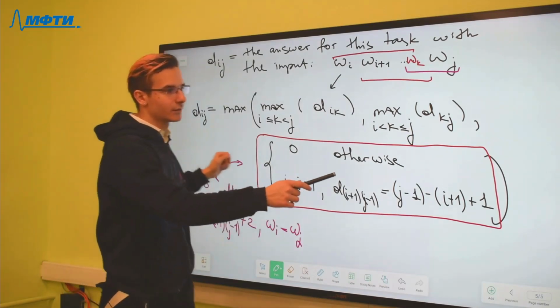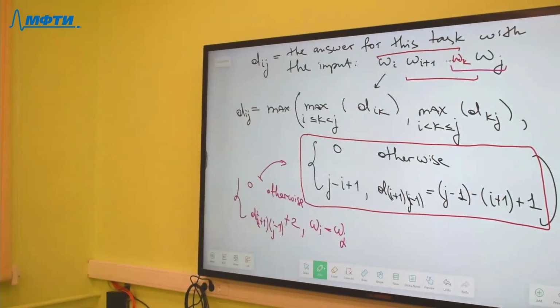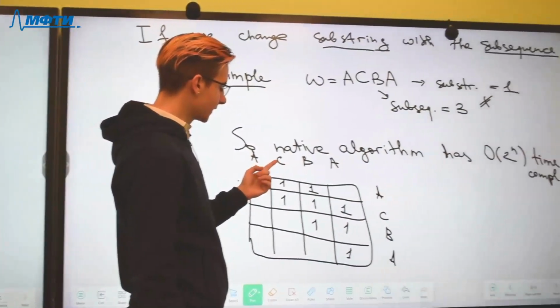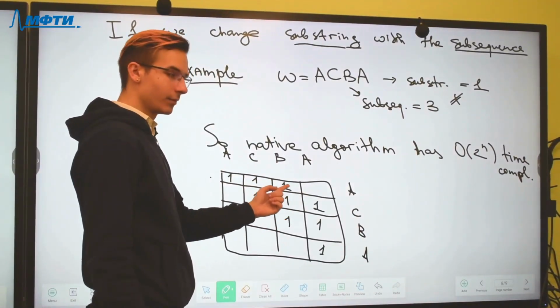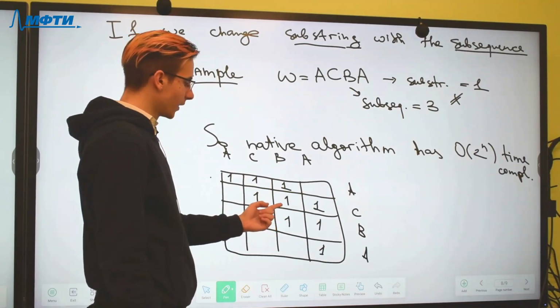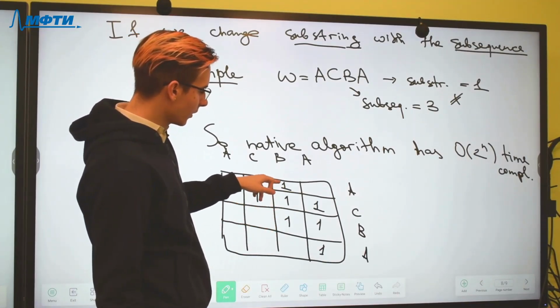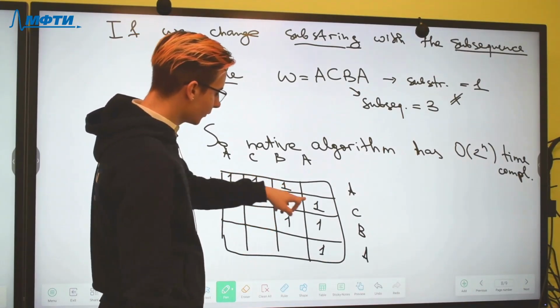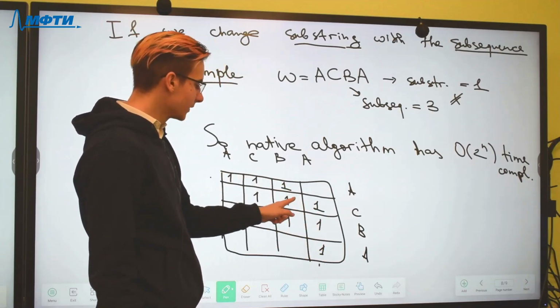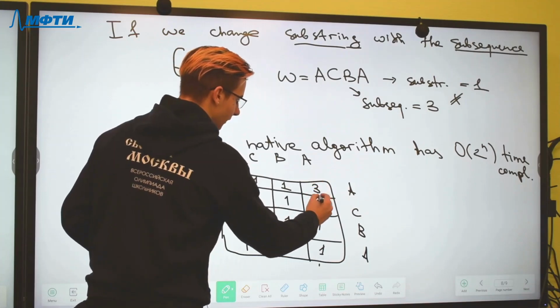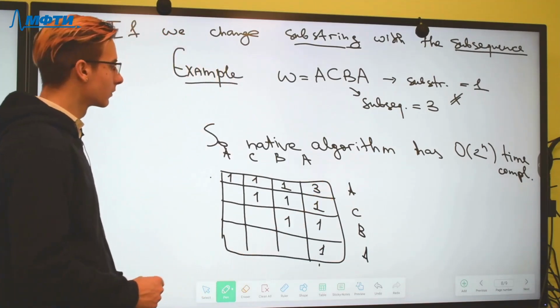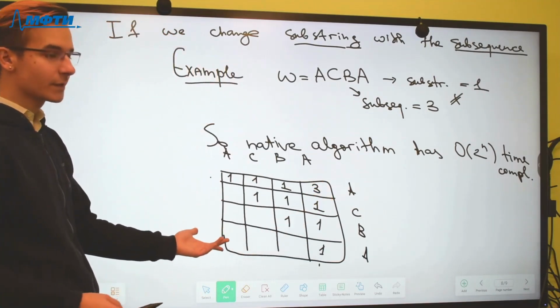The answer for this subtask is the answer from C to B. So I compare 1, 1, 1, and 1 plus 2, so I set 3. Yeah, so it is the answer for this algorithm.